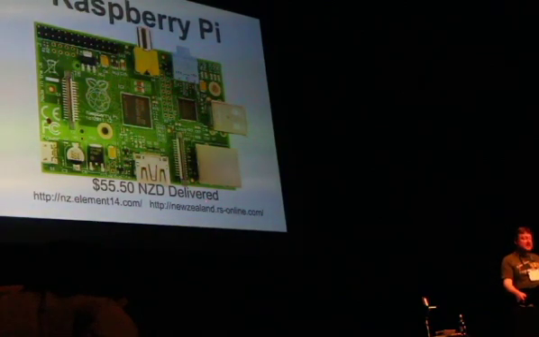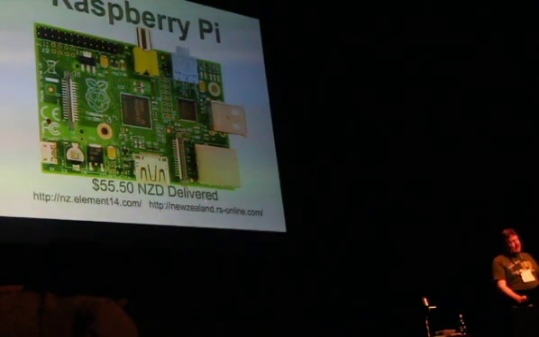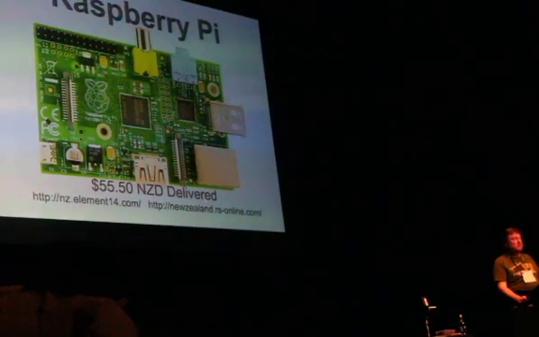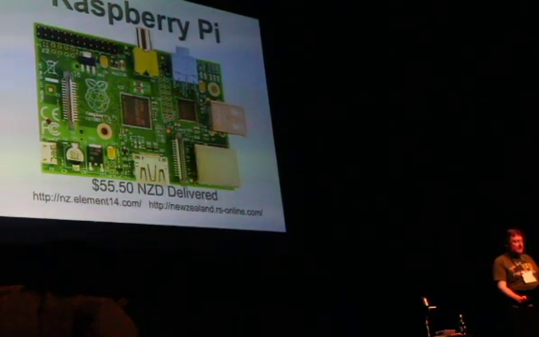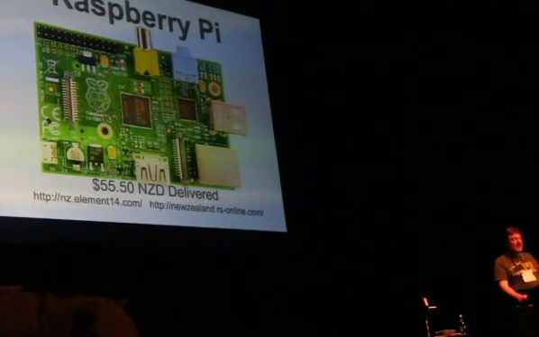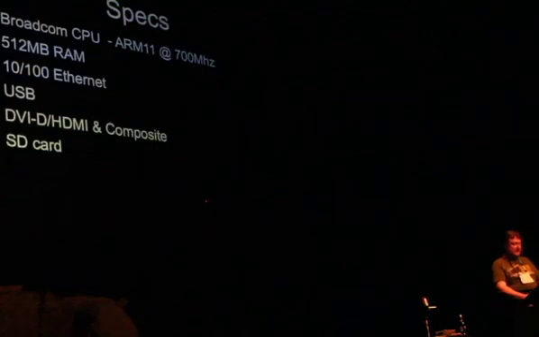Now you're going to get it inside a week. 55 bucks delivered, New Zealand dollars. That's really good value for money. You can order it from Element 14 or what used to be Radio Spares, RS Online, and they'll just deliver it to your door. Both of them are pretty much exactly the same price. I don't think there's a lot of difference there.